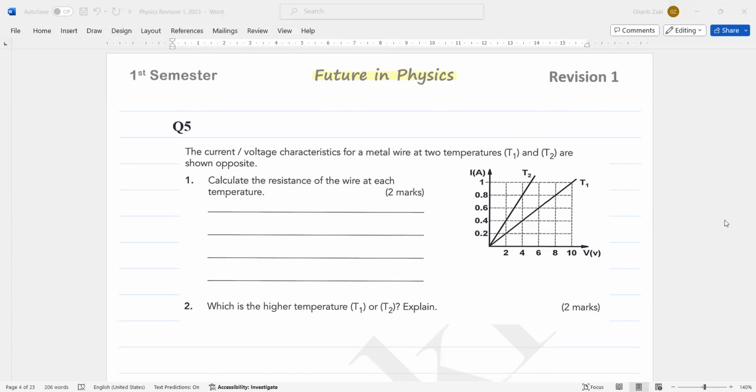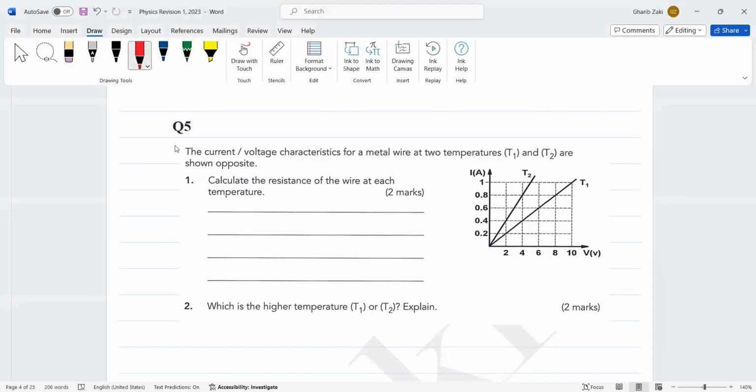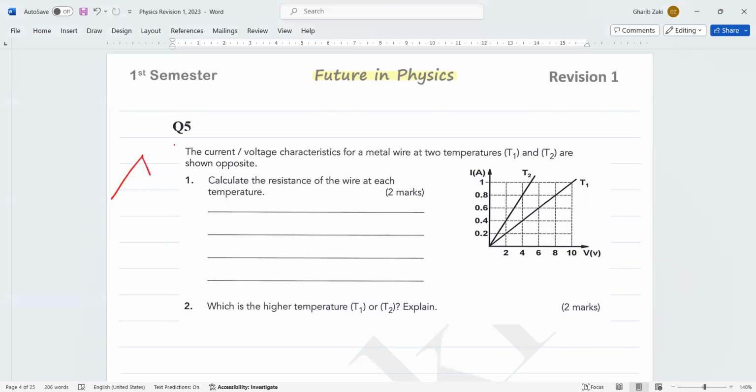Okay, let us resolve the question. The current and voltage, so this is an IV graph. Now, remember the formula of Ohm's law?